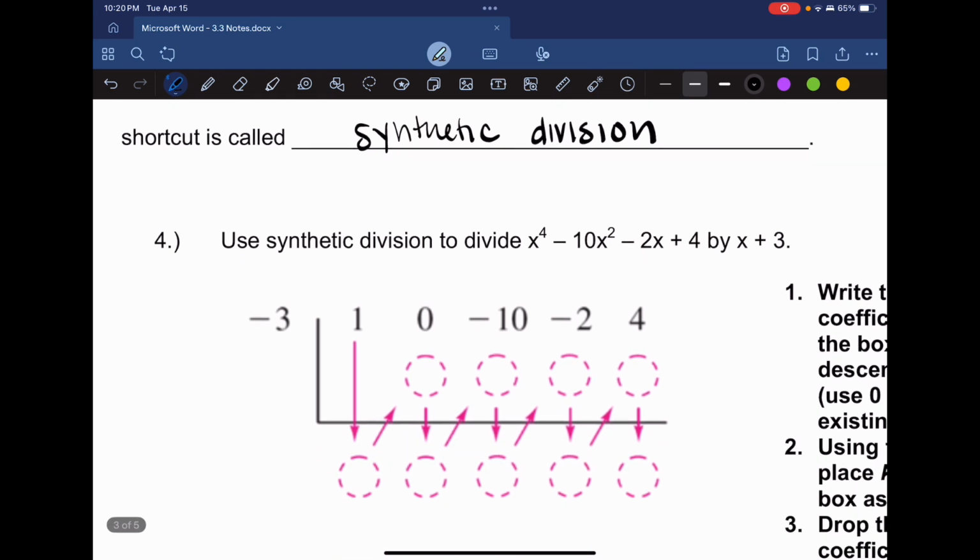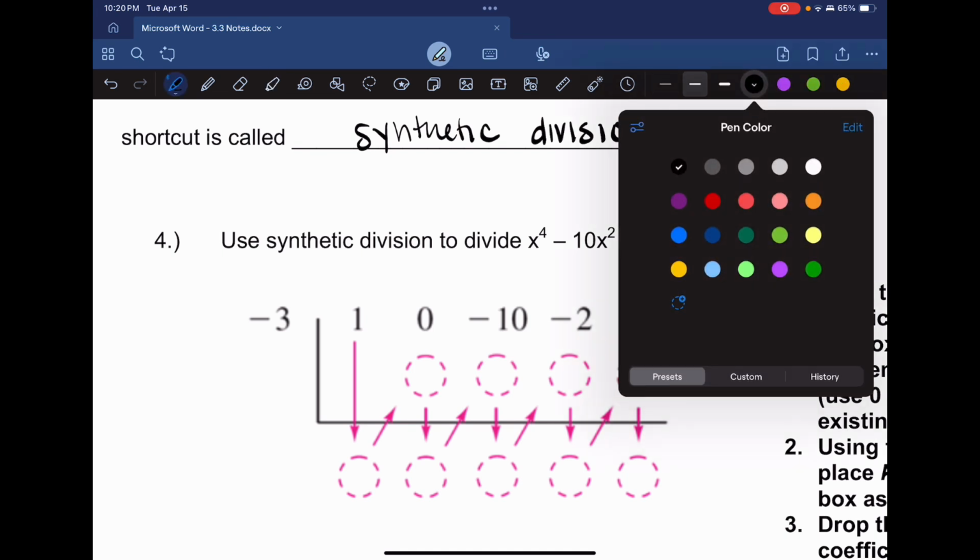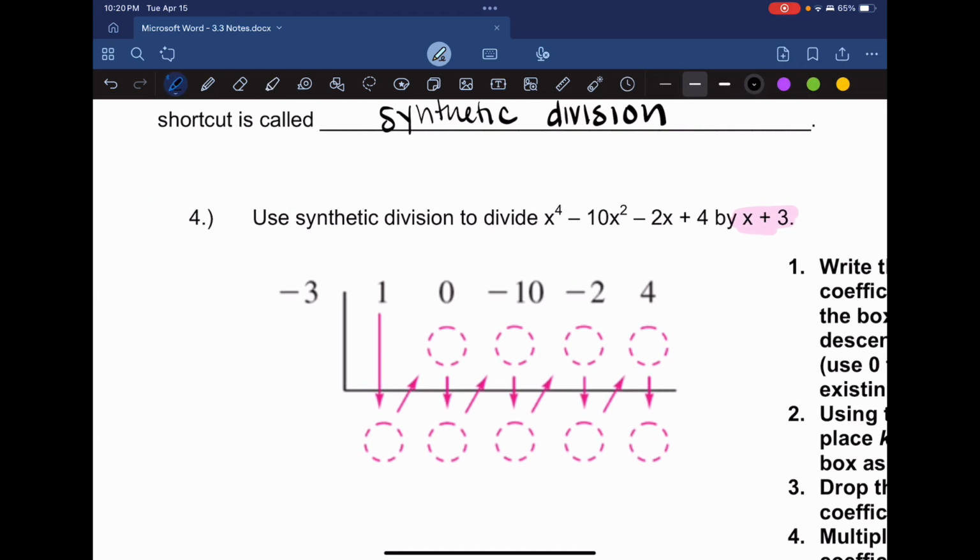So down here, how I set it up is my 0. Okay, so if this is the problem, my 0 would be x equals negative 3. And that negative 3 is what comes out here. Okay, so your 0 is always on the outside of your box.